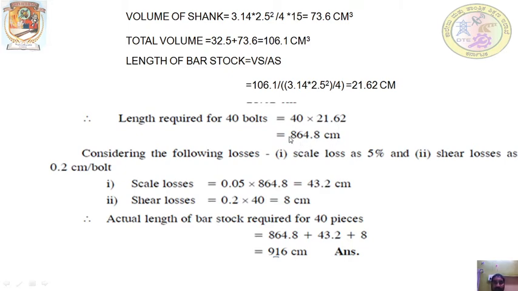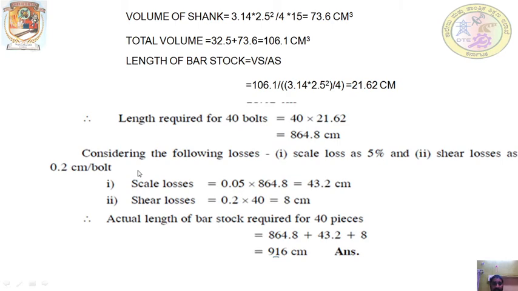Still, this is a net length. We need to add the losses for this. Considering two losses, scale loss as 5% and shear loss as 0.2 centimeter per bolt. Scale loss is 5% of 864.8, that is 43.2 centimeter. Shear loss is 0.2 centimeter per bolt, since each cut of the bolt causes a shearing loss.